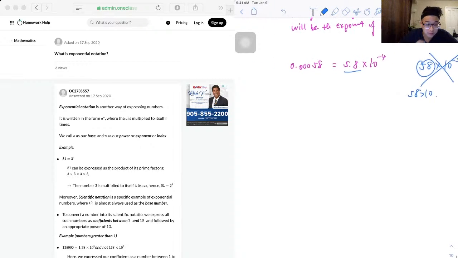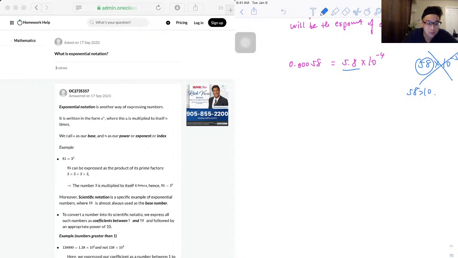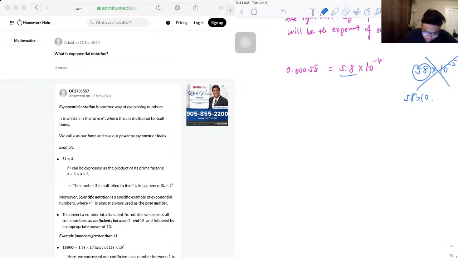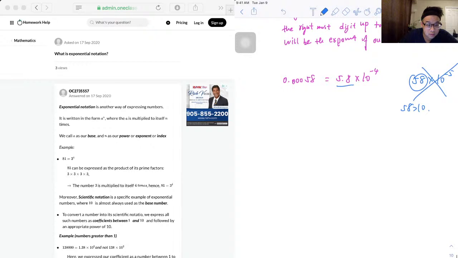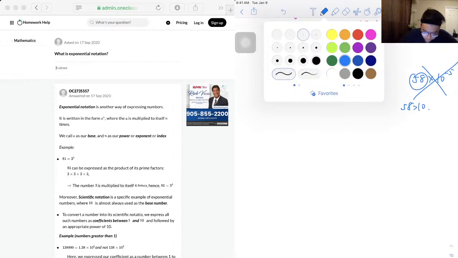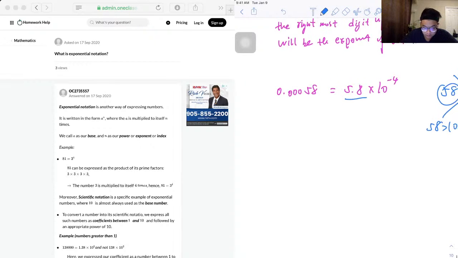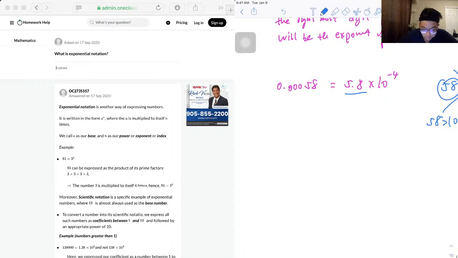So let's do the decimal moving. In order to get 5.8, we need to move the decimal point to the right for a certain number of units.